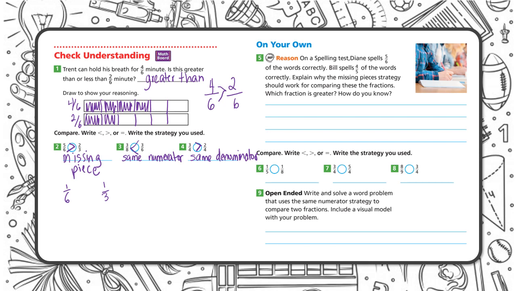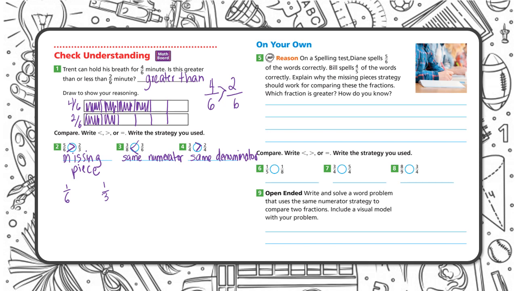Number 5, On a spelling test, Diane spells 5/6 of the words correctly. Bill spells 4/5 of the words correctly. Explain why the missing pieces strategy should work for comparing the fractions. Which fraction is greater? How do you know? Well, 4/5 is missing 1/5 to make a whole, and 5/6 is missing 1/6 to make a whole. So you should be able to use the missing piece strategy because they're each missing one piece.